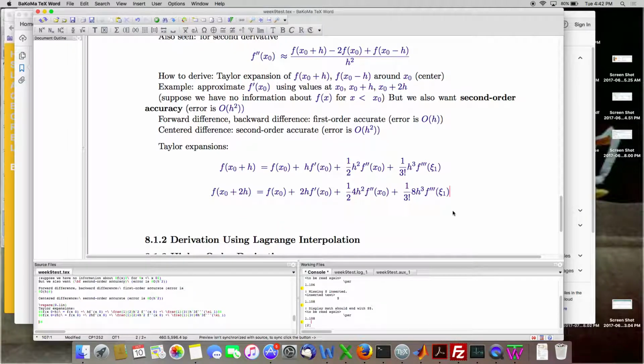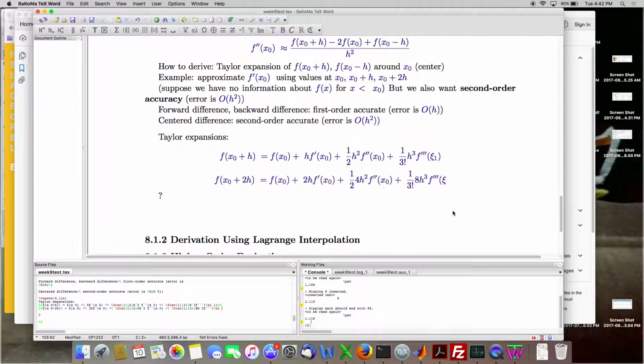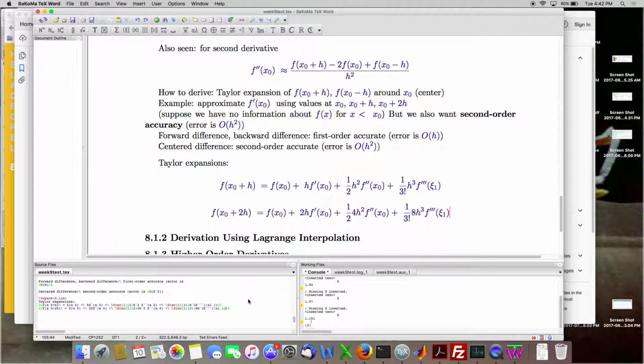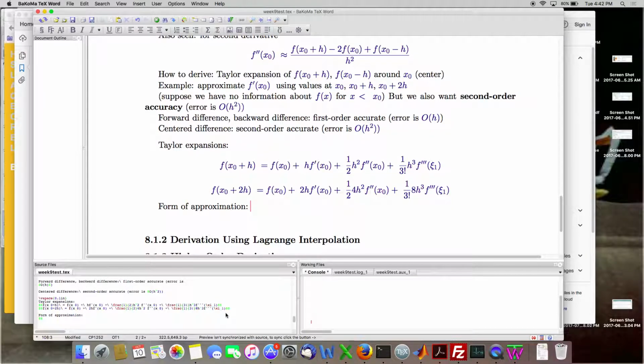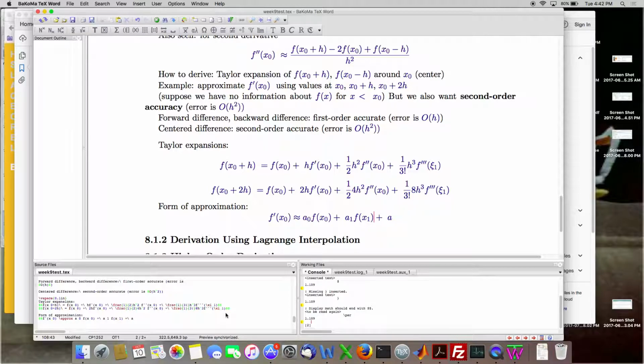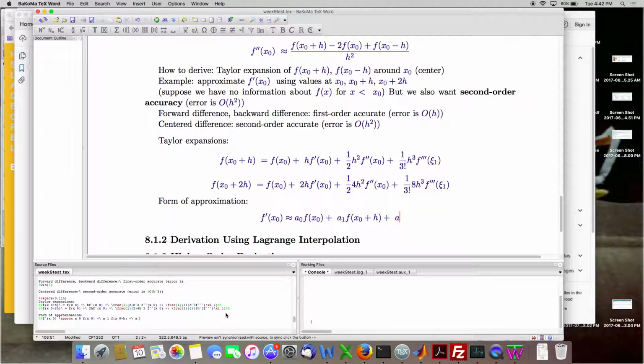So the form of my approximation is f prime of x naught is approximated by some coefficient, which I'll call a0, times f of x naught, plus another coefficient a1 times f of x naught plus h, and then another coefficient a2, f of x naught plus 2h.